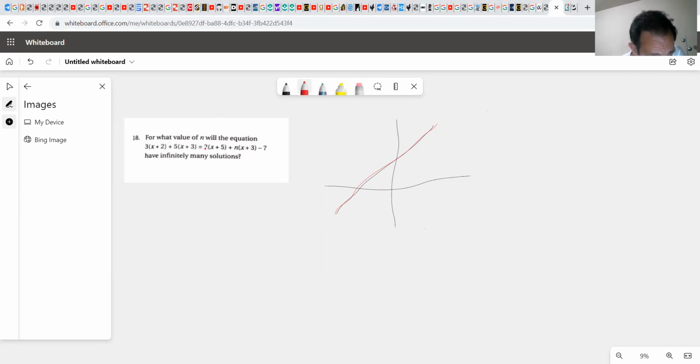So basically, we have to find a way to set these two sides of the equation equal to each other. Let's write the equation to start.